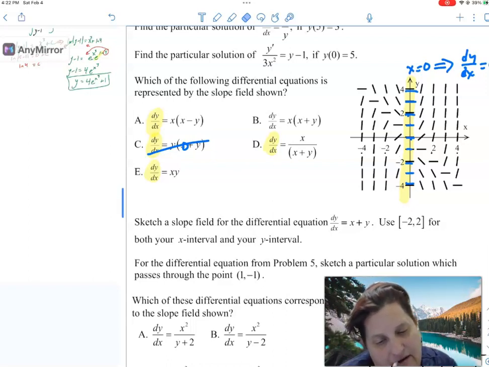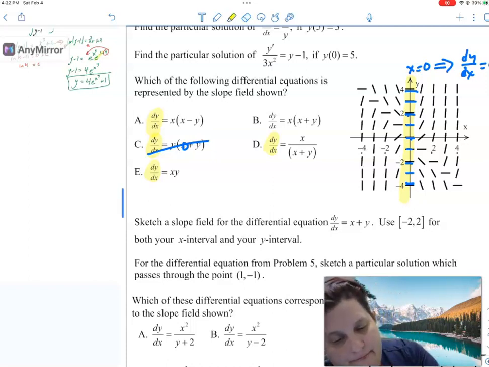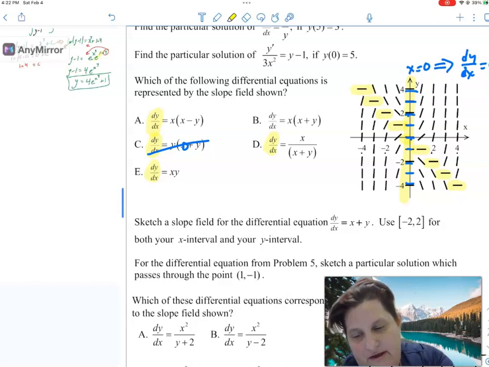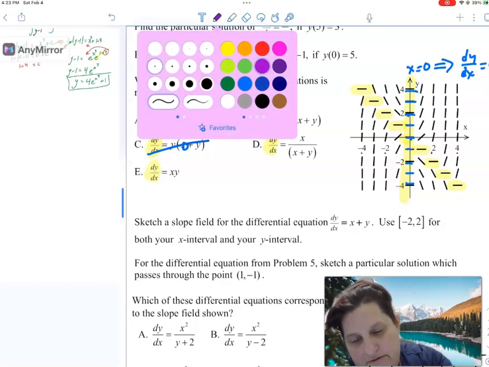Okay, what else am I seeing? Ooh, this is interesting. Okay, I like this. Now you guys, your brains may go somewhere else, but this is what I'm looking at. Those are all zeros. And let's look at what points those are.